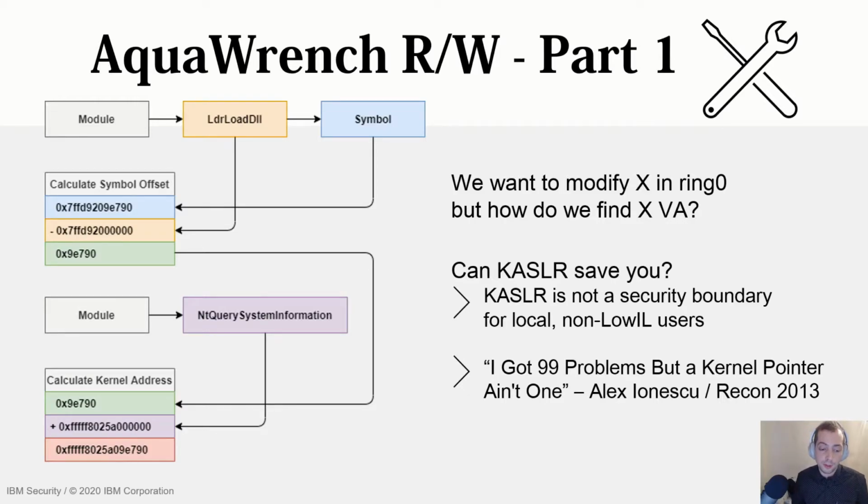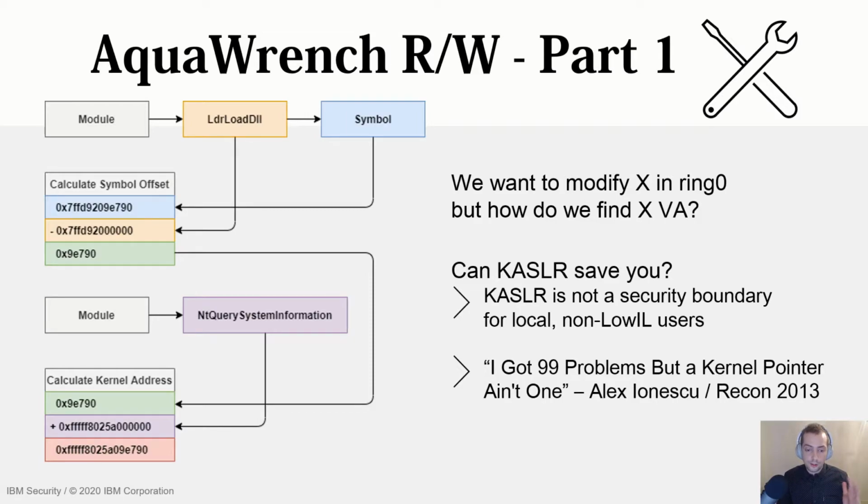That base address essentially bypasses KSLR for us. So what we do then is we get from this nice little purple block the base address of the module we're interested in, like test.sys, and then we add the offset that we calculated in the starting part. When we add those together we get this nice red block here, which is the current kernel address of that symbol. So it's a pretty straightforward calculation.